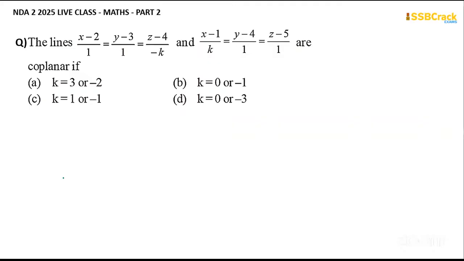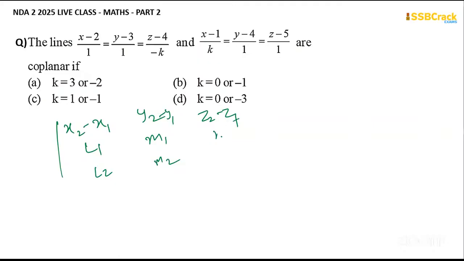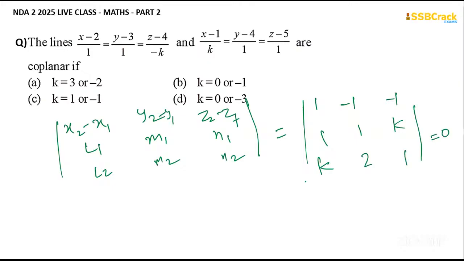So you know that they are coplanar when the determinant with rows x2 minus x1, y2 minus y1, z2 minus z1, then L1, M1, N1 and L2, M2, N2 is equal to 0. So x2 minus x1 is 1 minus 2, which is minus 1, and so on.